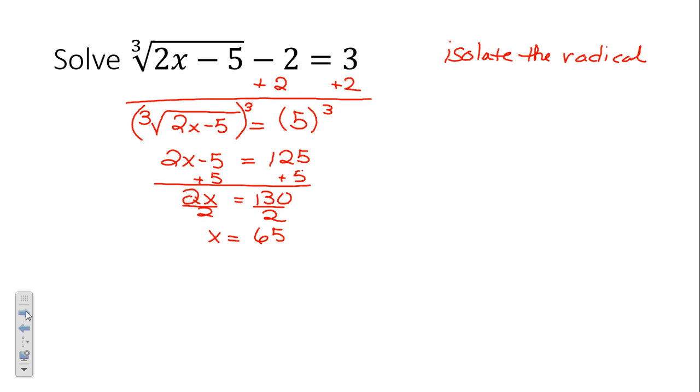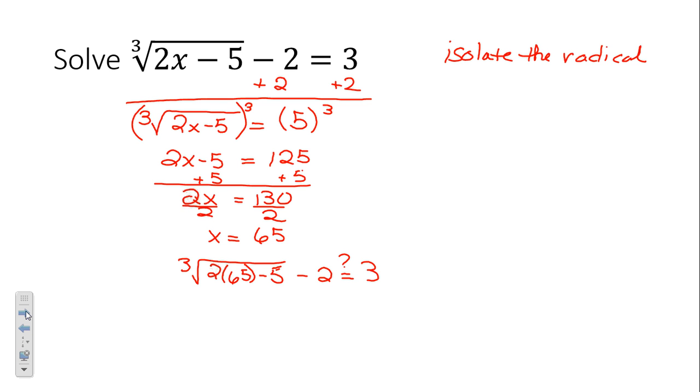Now, before we call this one good, we have to check for an extraneous solution. So when we do that, the cube root of 2 times 65 minus 5, minus 2, should that be equal to 3? Always do what's in our radical first and do your multiplication first.